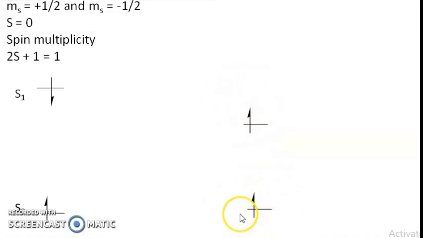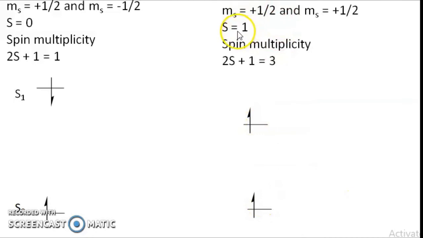Now there can be another possibility, wherein the spin of the excited electron and the spin in the ground state are parallel. That will result in the triplet state, wherein the spin multiplicity is 3. In that case, the electrons have parallel spin, the same spin, and so this particular energy level or electronic level is designated as T1, the triplet excited state.